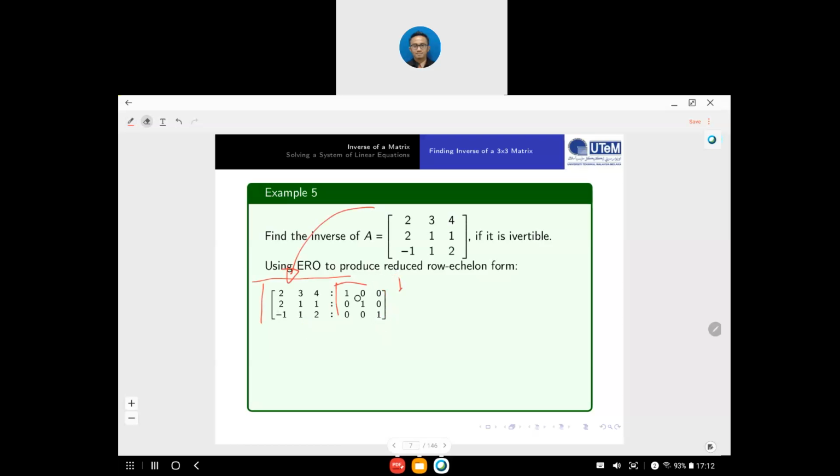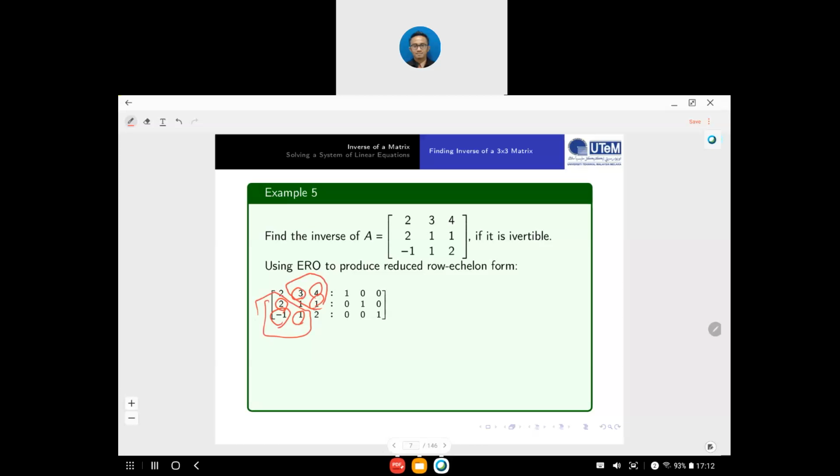Now you want to change this. What is your main idea? Your main idea is to change the left hand side into the identity, and the right hand side becomes another matrix. So your target is to produce 0 in these 6 values. Usually it is easy whether you choose the top 3 first to become 0, or the bottom 3.